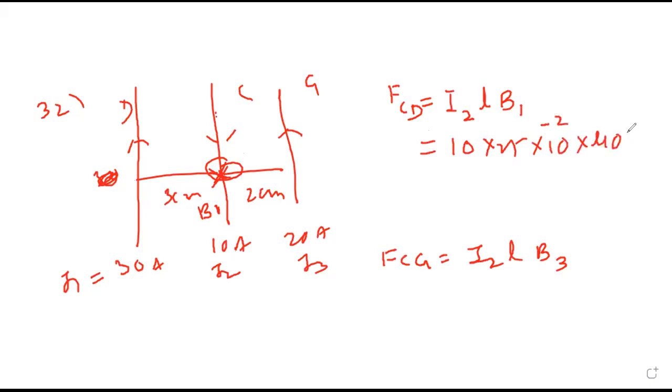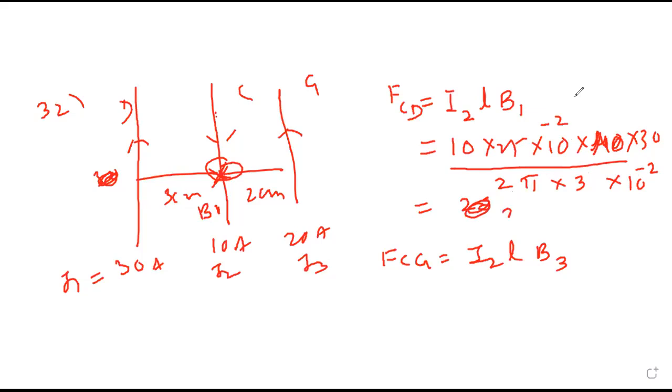Mu naught. Current I1 is 30 upon 2 pi r, which is 3 centimeter, 3 into 10 raised to minus 2. Mu naught means 4 pi into 10 raised to minus 7.